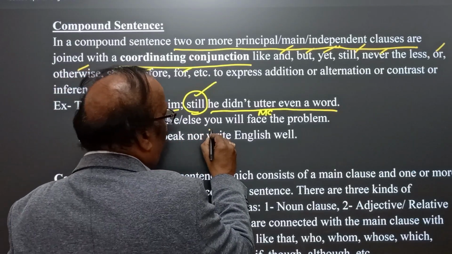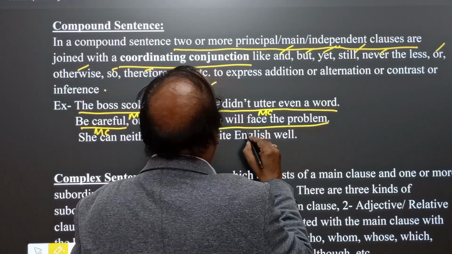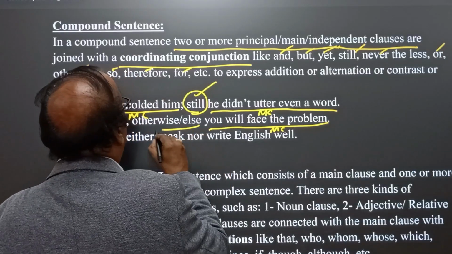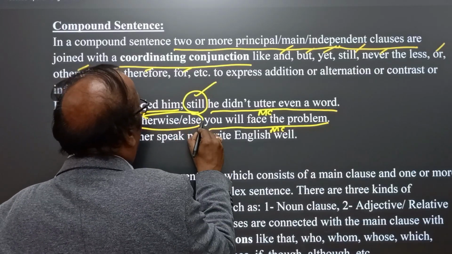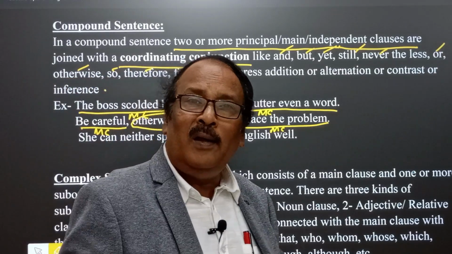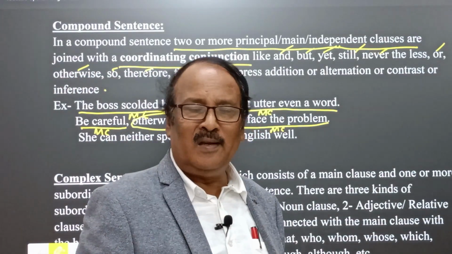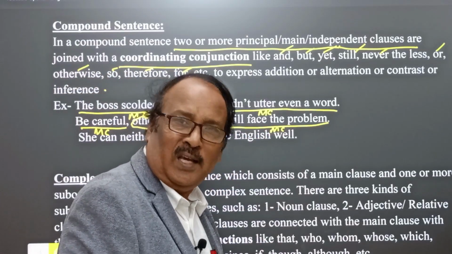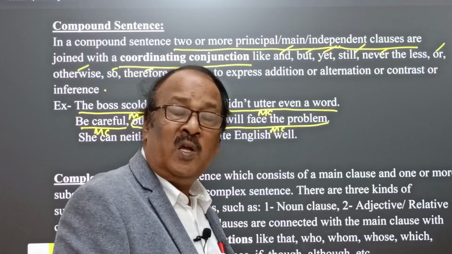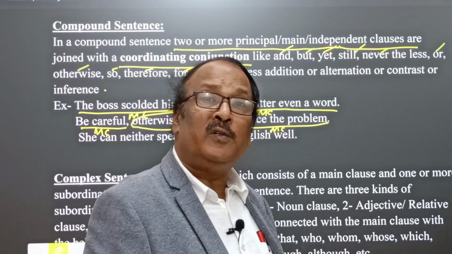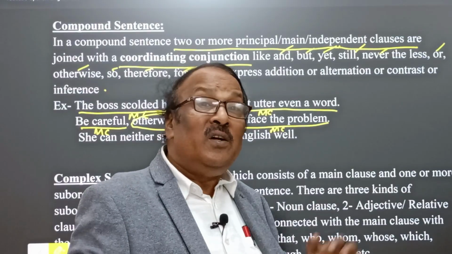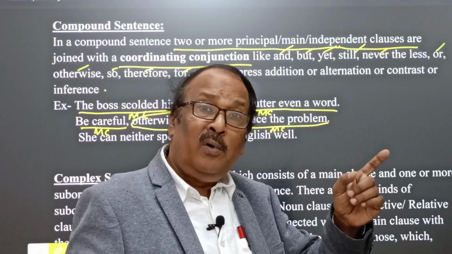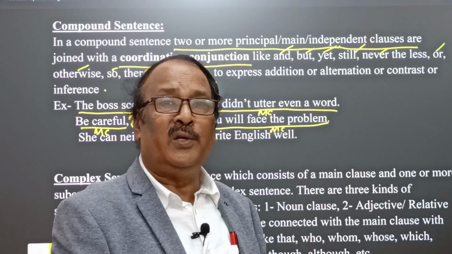Otherwise you will face the problem is a main clause, and otherwise or else is the linker, coordinator, or conjunction. This is what we call a coordinating conjunction. In a compound sentence, the conjunctions are called coordinating because they coordinate two or more independent clauses. Therefore, they are called coordinating conjunctions.